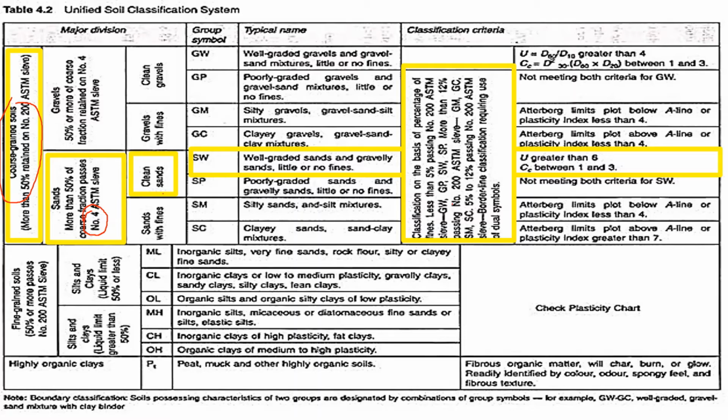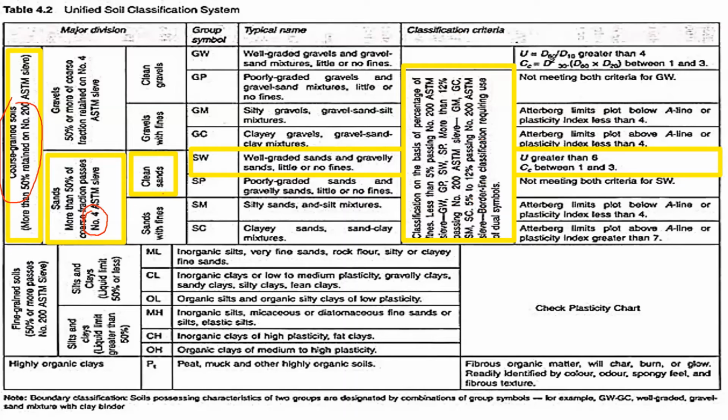More than 12% passing number 200 ASTM can be GM. We had less than 5% passing, so we will go with GW, GP, SW, SP. If it is greater than that, around 5 to 12%, what does it mean?